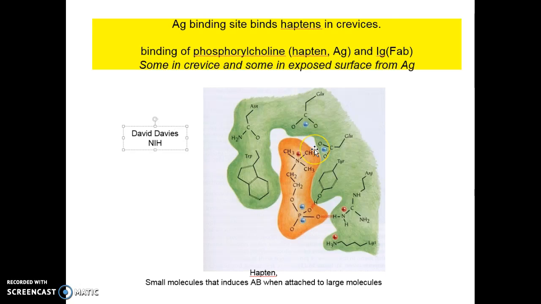A number of side chains from the CDRs except CDR2 bind phosphorylcholine in a manner that is very similar to that of a substrate or inhibitor binding to an enzyme.